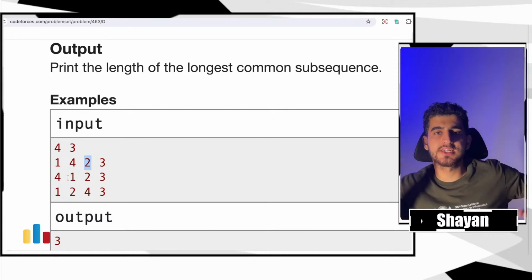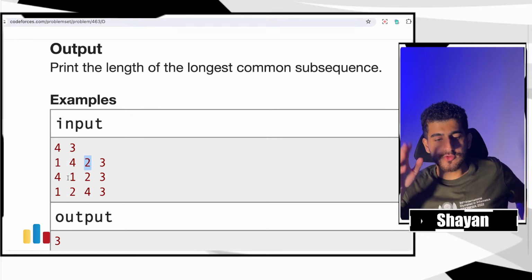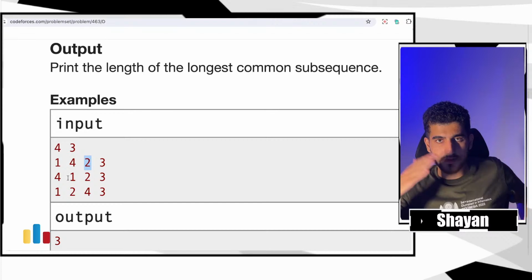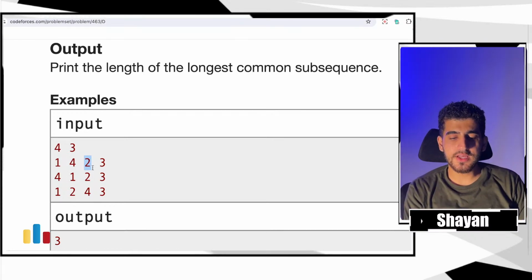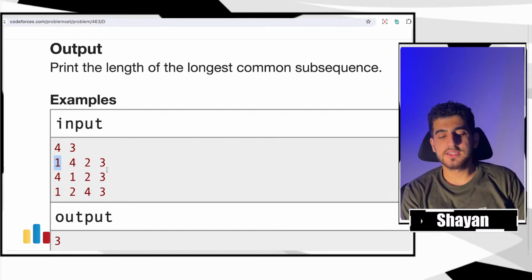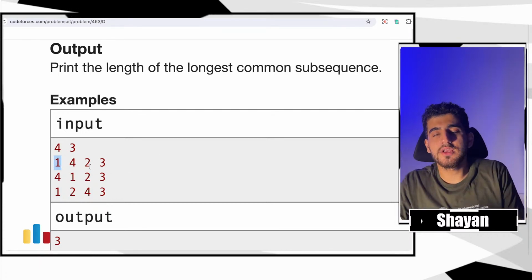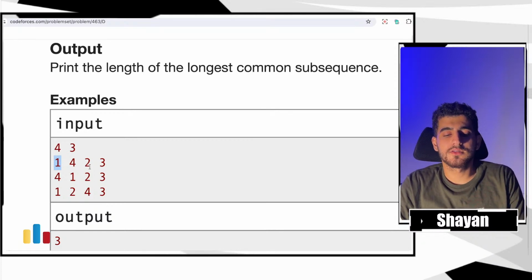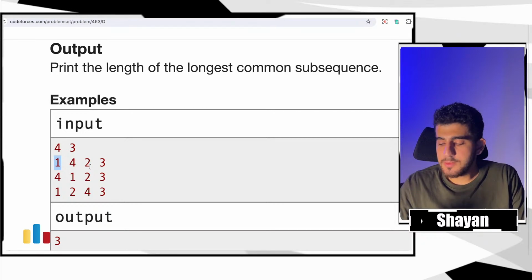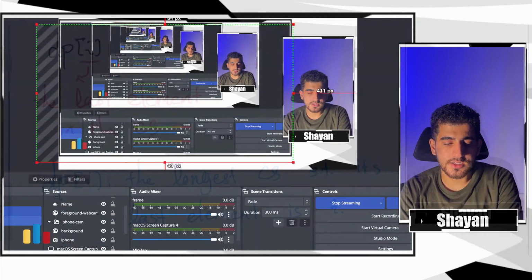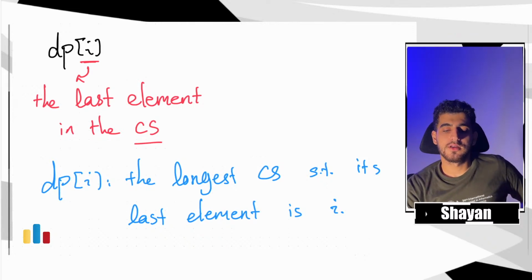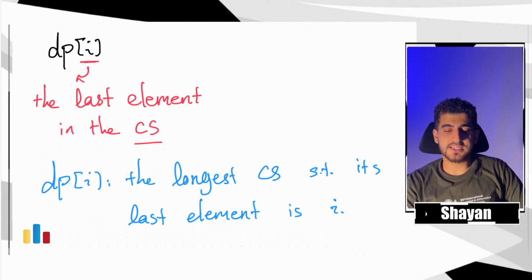So I have sequences such that the last element is 2 and the length is 2 as well, and it is the common subsequence of all of the sequences. And dp of 3 is 3 because 1, 2, 3 is again a subsequence that ends at 3, and it is a common subsequence of all of the sequences, right? So dp of i can be the longest common subsequence that I can have such that its last element is i. Is the definition clear?